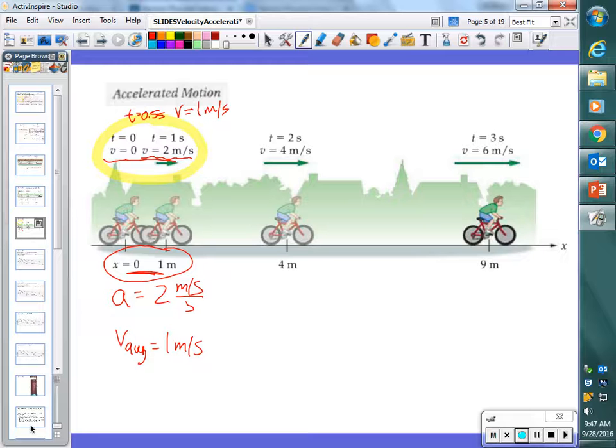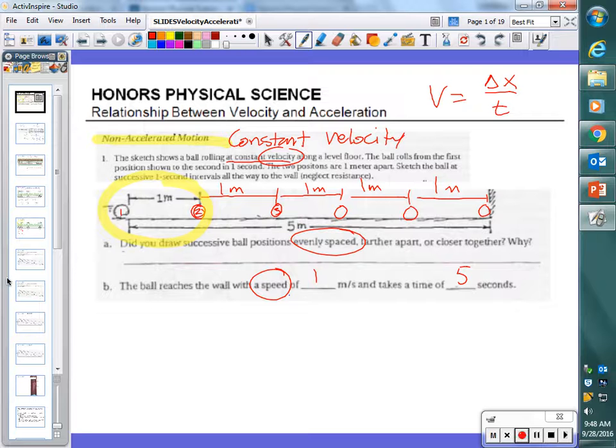All right. Now, how do we get from average velocity to showing how far we went? Well, we actually wrote down our definition for average velocity at the very beginning of our discussion yesterday. Does anybody remember one way that we can calculate the average velocity? How do we define velocity?